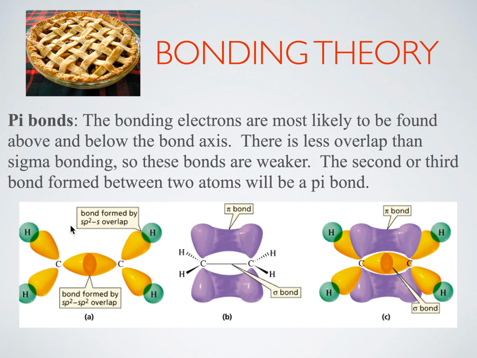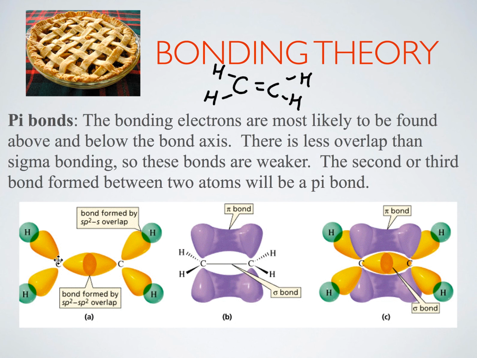So here I have carbon double bonding to carbon with 4 hydrogens coming off of them. So the carbon will go through sp2 hybridization, so s plus the 2p's, so that's a total of 3.